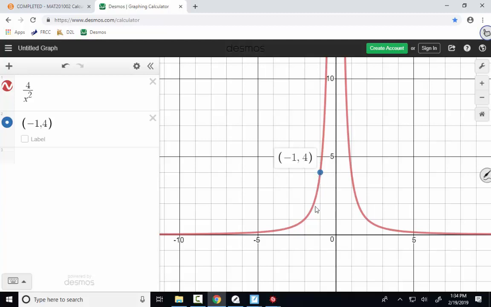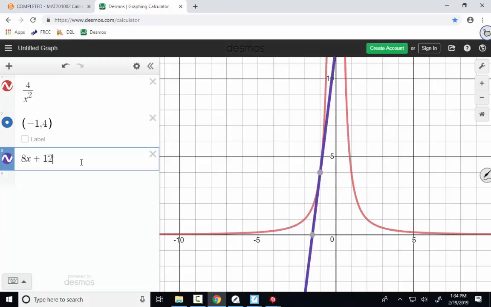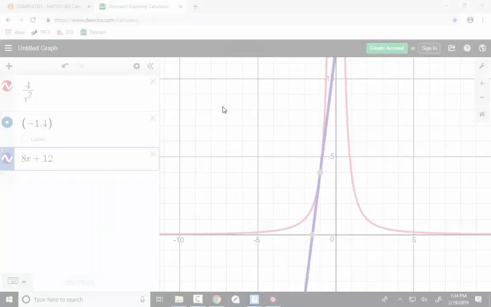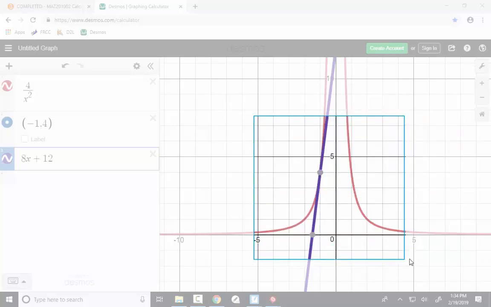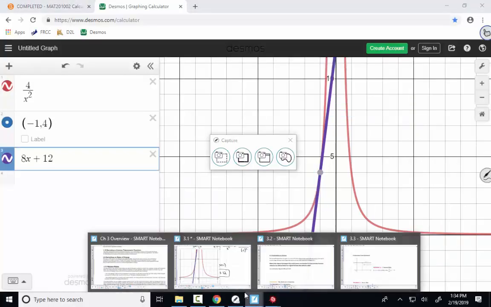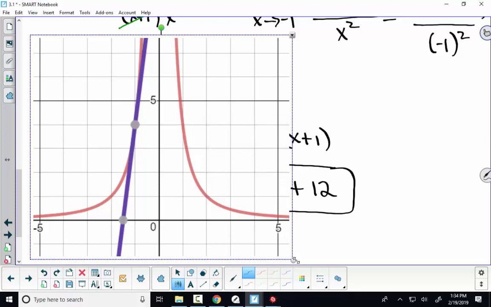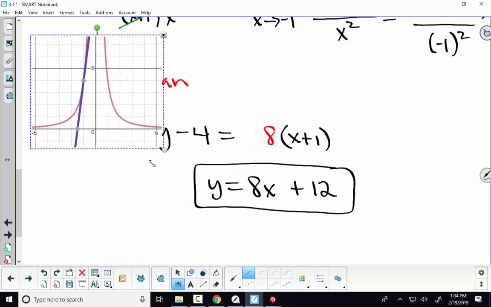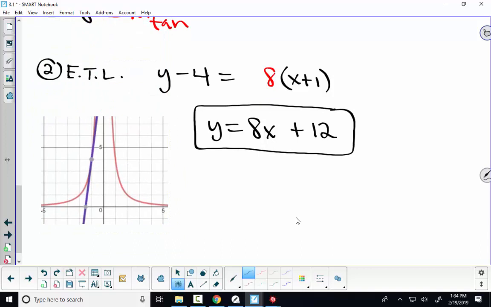We're interested in the equation of the line that touches at that point, which we said was 8x plus 12. Anyone have any questions?